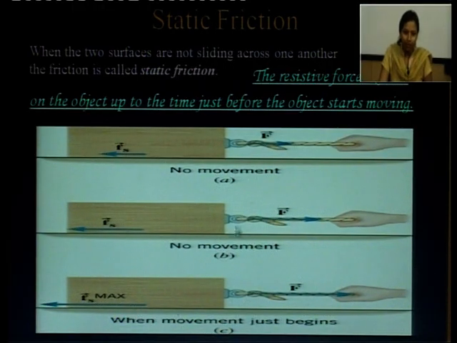Let us take an example like this. In figure A, if we apply some force in this direction and the force of friction is in the opposite direction, and the body is not moving, like it is a very heavy body and we are applying less force, then the friction acting in this situation is called static friction. If we increase this force, then static friction also increases because it stops the motion.